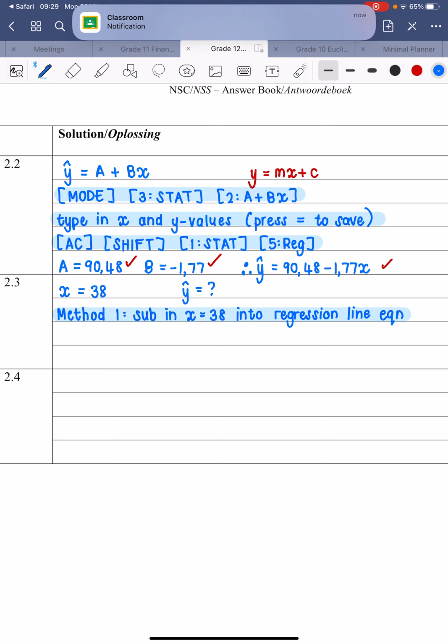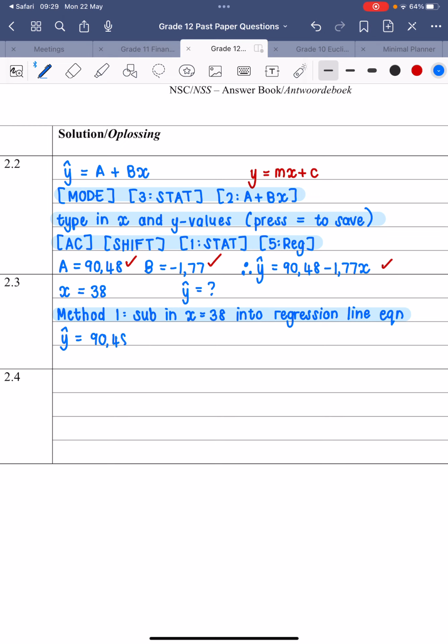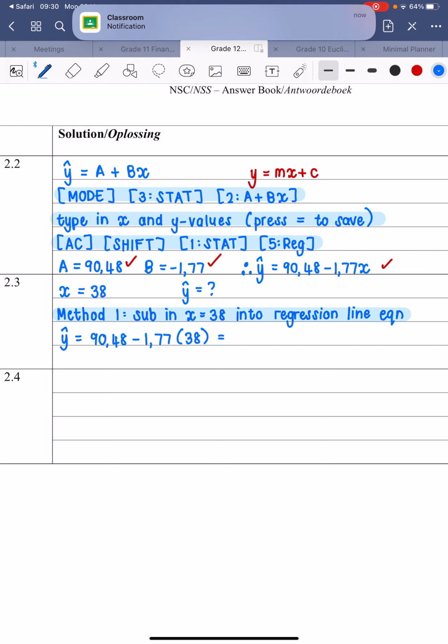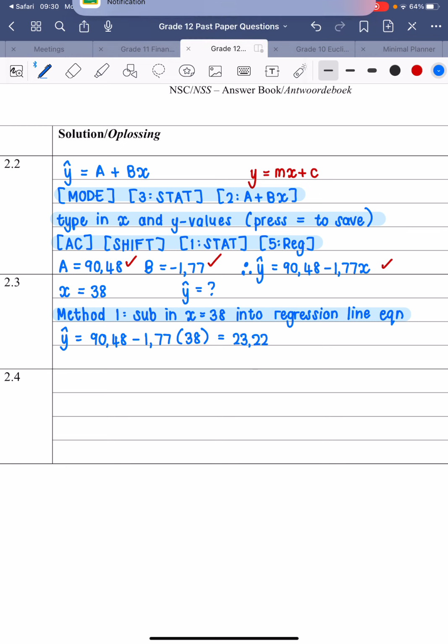So you would take this equation up here, you would say Y is going to be 90,48 minus 1,77 times X, the price per container that they gave us, which was 38. And then, guys, you're not going to go out of stat mode. Just keep it there. You're going to just type that in, okay? 90.48 minus 1.77 bracket 38. And your answer is going to be 23.22.